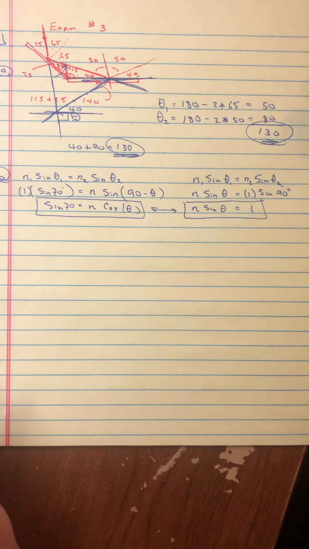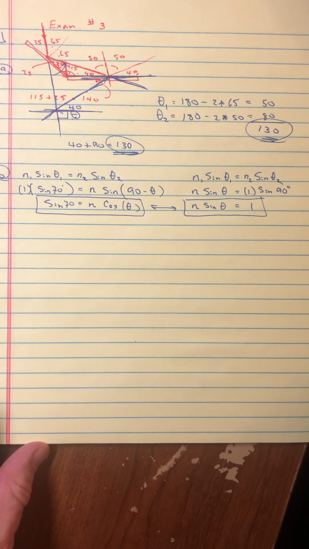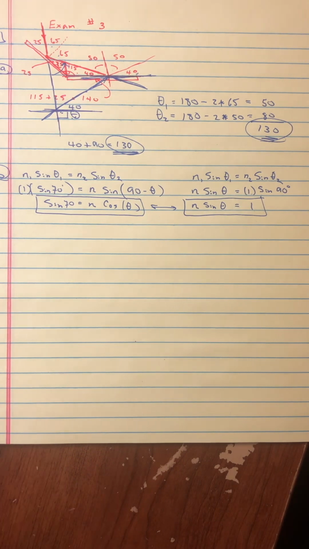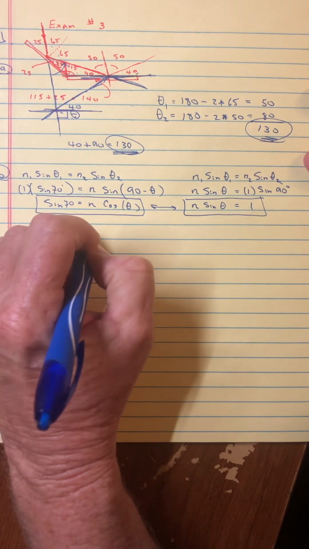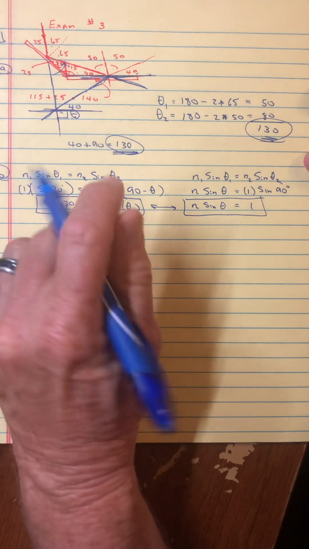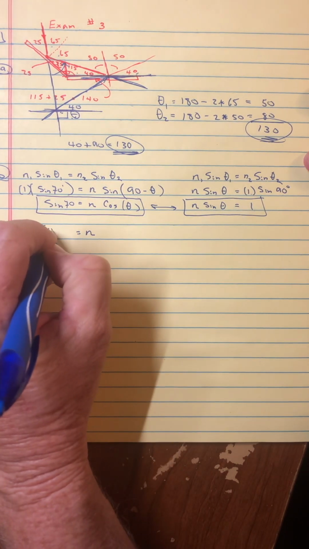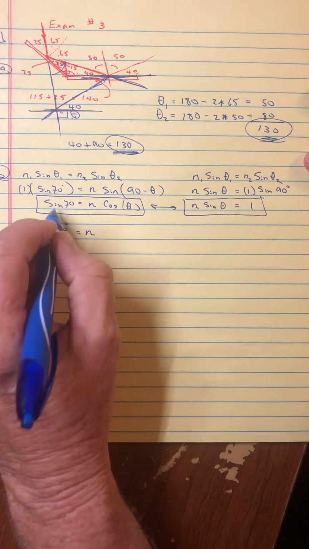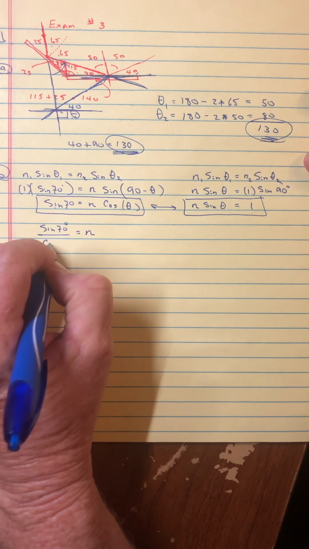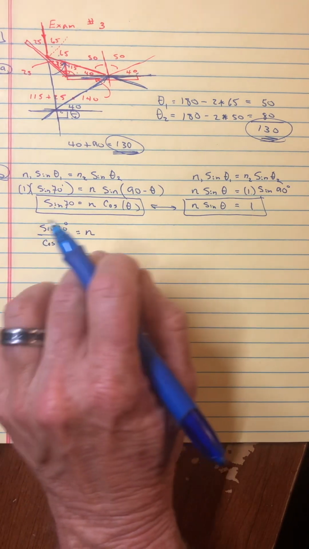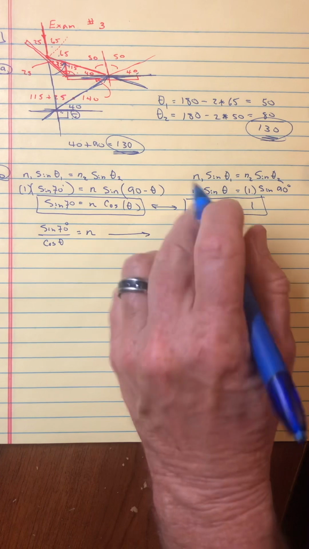So we could solve for both, although, and maybe I will, we didn't have to. The problem said just solve for the critical angle. So solving for the critical angle, maybe I'll use this equation to solve for n. And so I'll go sine of 70 degrees divided by cosine of critical angle and put it into this one.